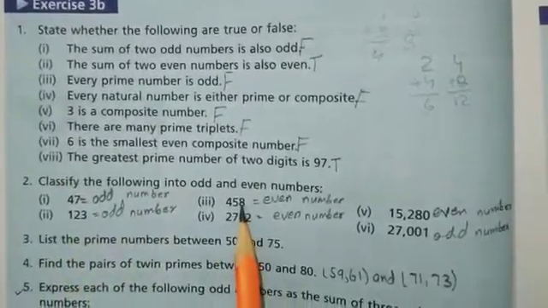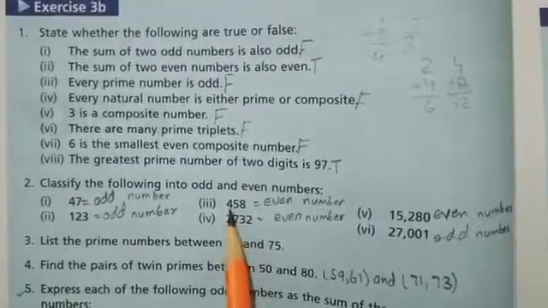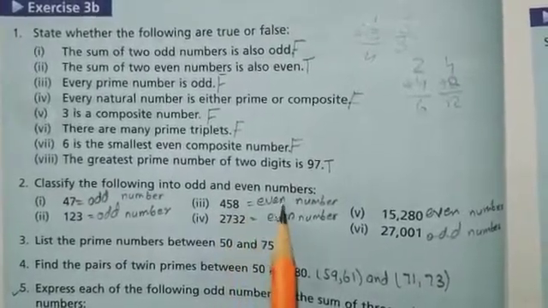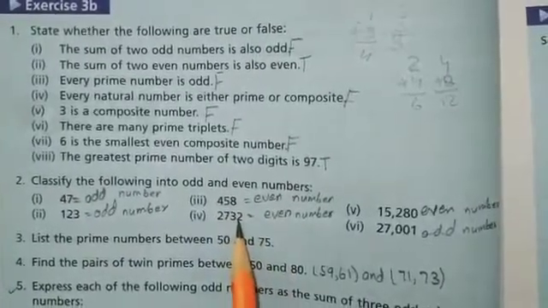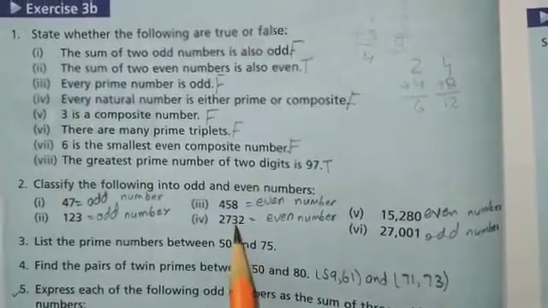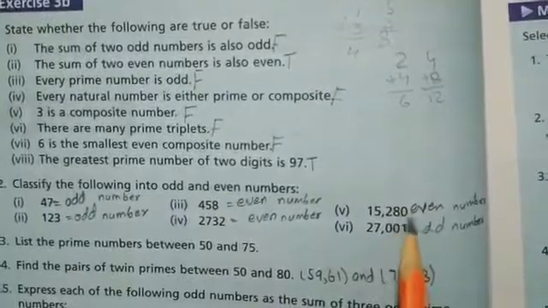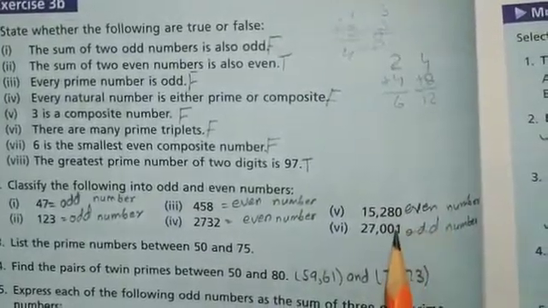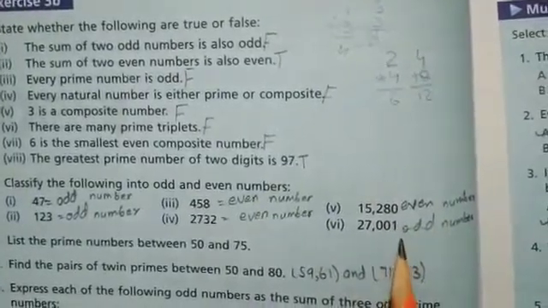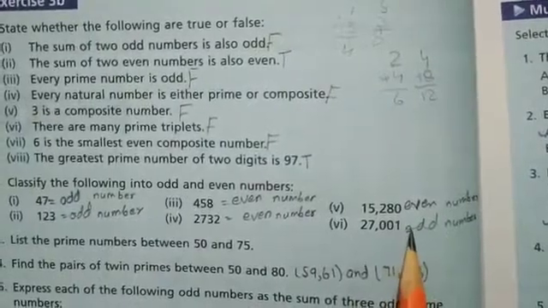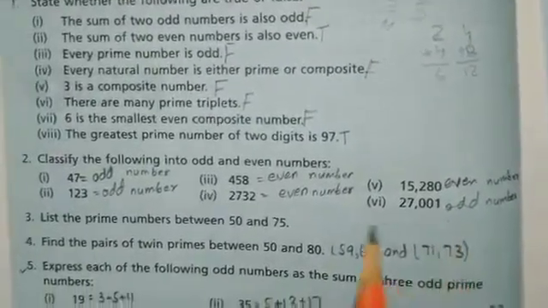Next, 8 is even, it means this is divided by 2 completely, it is an even number. Next number is 2, it is completely divided by 2, so this number is even. This 0 is an even number. And last one is 1, not divided by 2 completely, it means this number is an odd number.